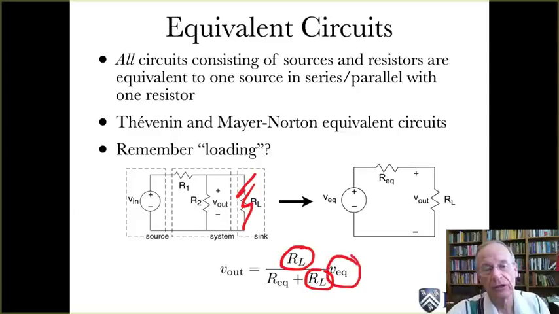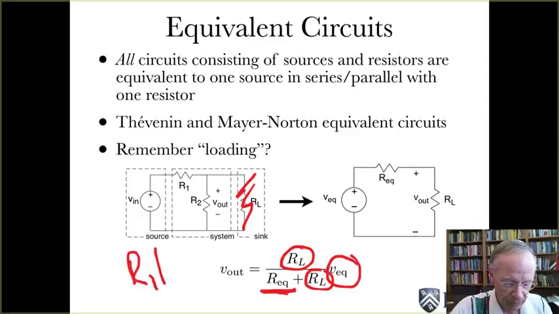Well, I think it's pretty clear that what we want is RL to be big. But big relative to what? And the answer is it has to be big relative to REQ, which is R1 in parallel with R2.